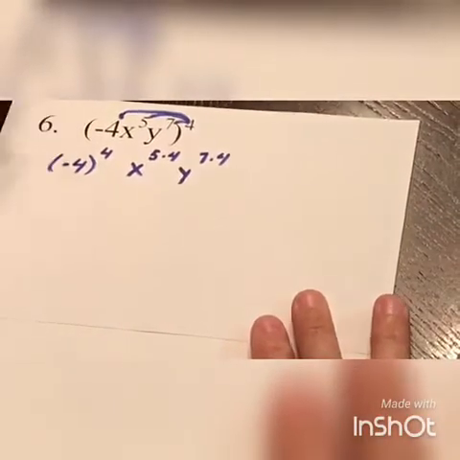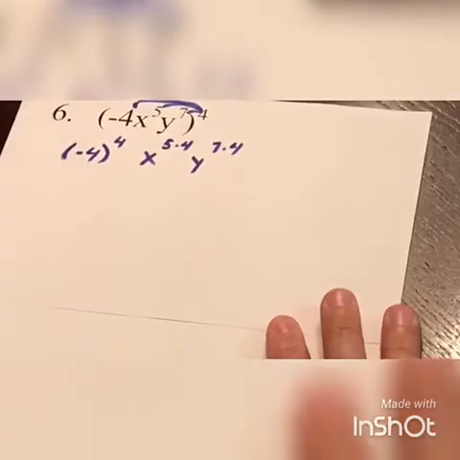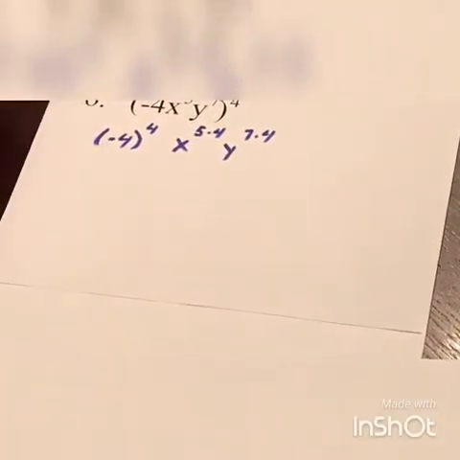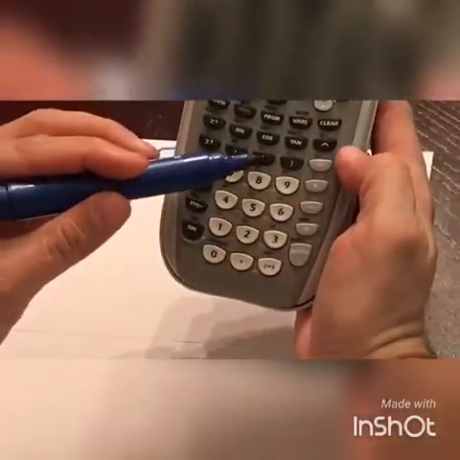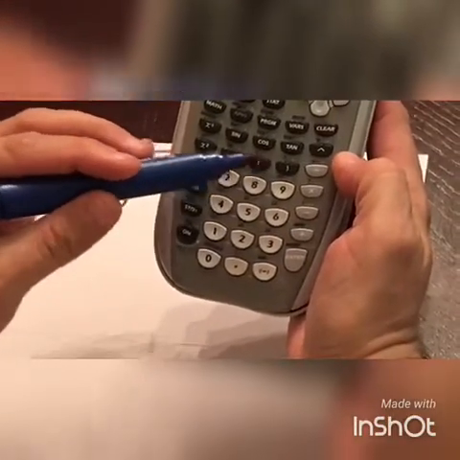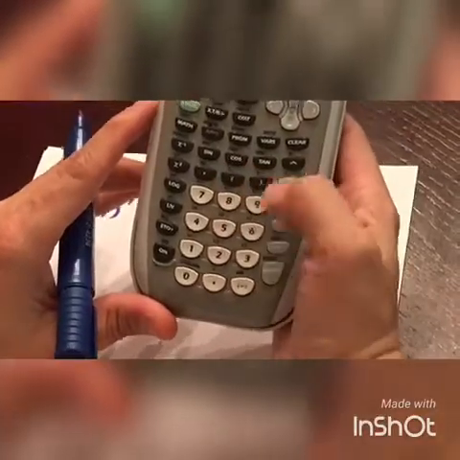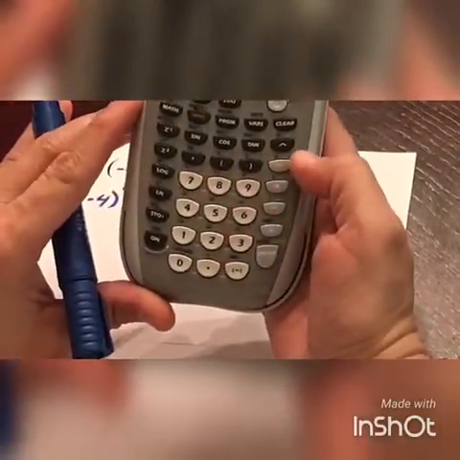Typing negative 4 to the 4th power in the calculator, we'll need to use parentheses. The calculator will mess us up if we do not. So let's see that. The parentheses above the 8 and above the 9, again, we used the parentheses in our last unit a lot. Parentheses, negative 4. Close the parentheses.